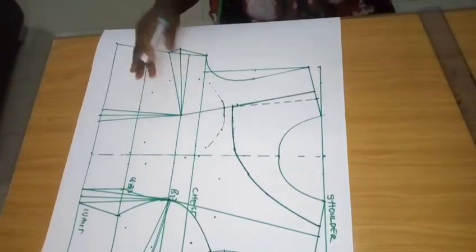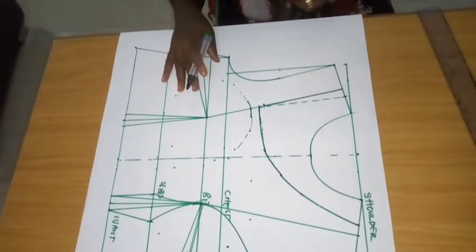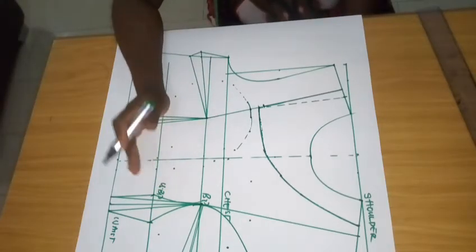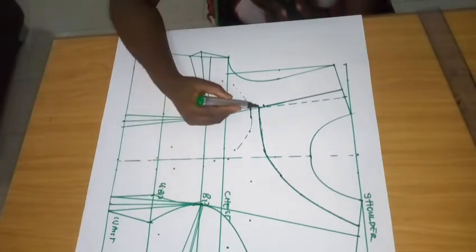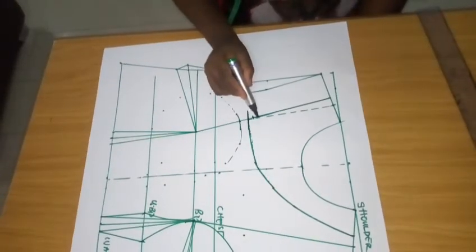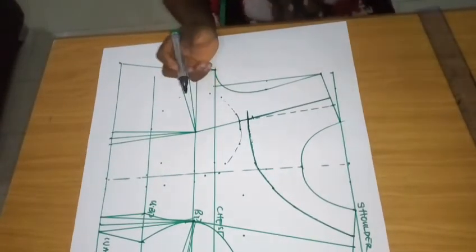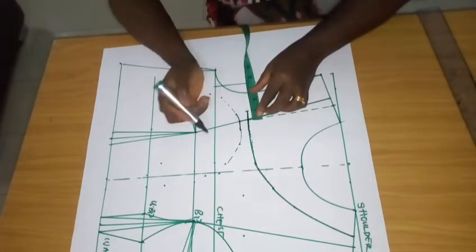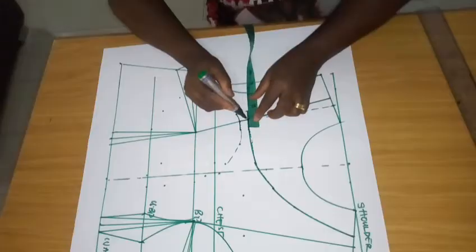So the next thing we want to do now, we want to contour, or before we contour, okay, let us contour first. We are going to contour the over bust. So to contour the over bust, we are contouring on this line. Can you see? This is the line we are contouring from, meeting up what we have right here. So now I'll come in from here to here at 0.5, and from here to here 0.75.